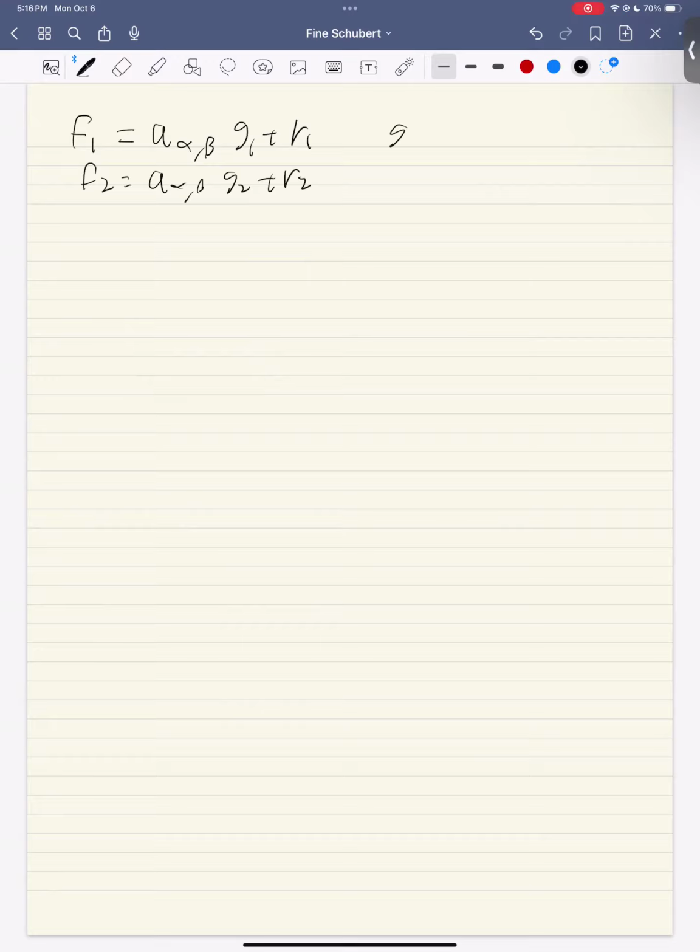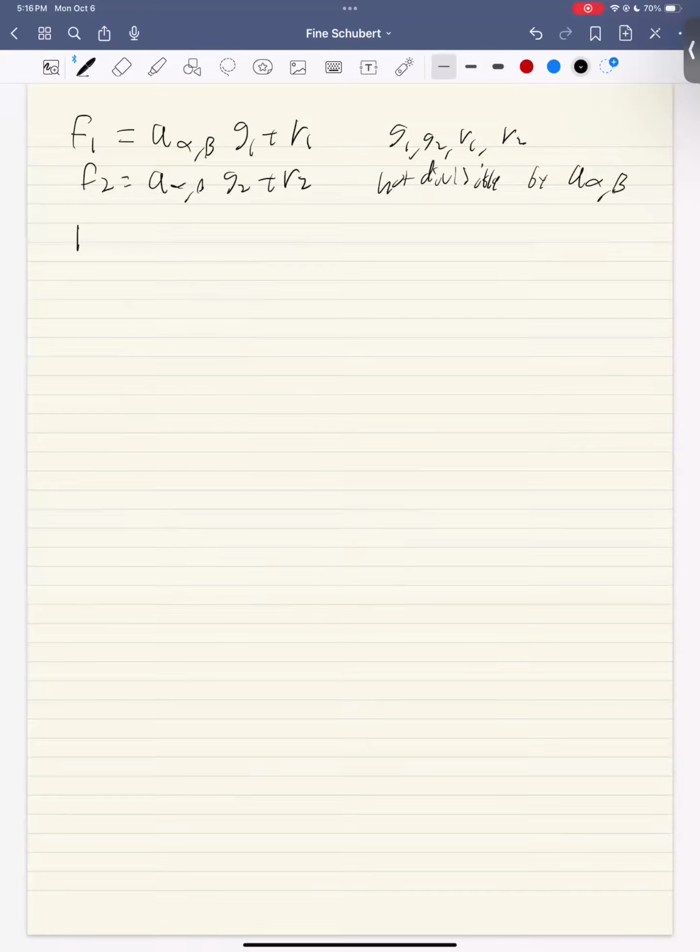And I'm going to suppose that G1, G2, R1, R2 are not divisible by A alpha beta. So basically f1 and f2 are linear in this variable A alpha beta, which is just some variable, A12 maybe.